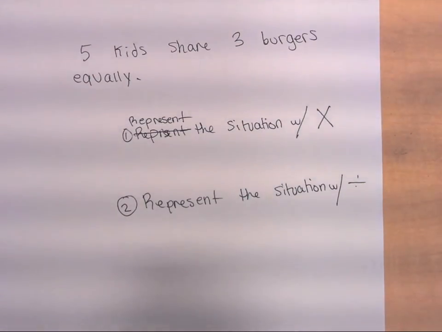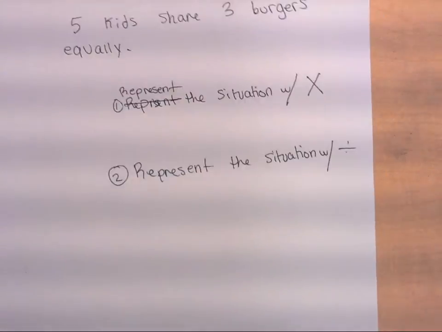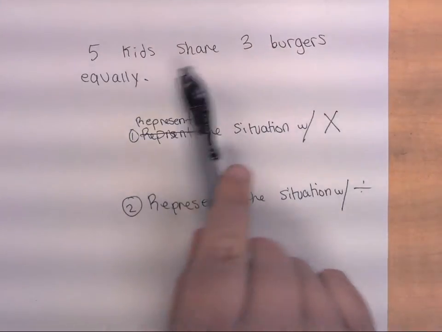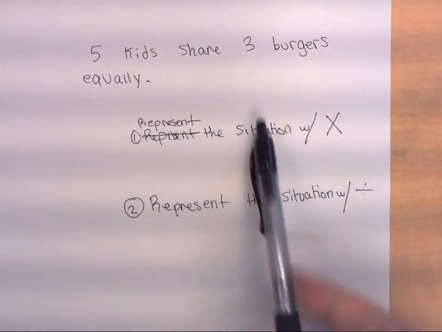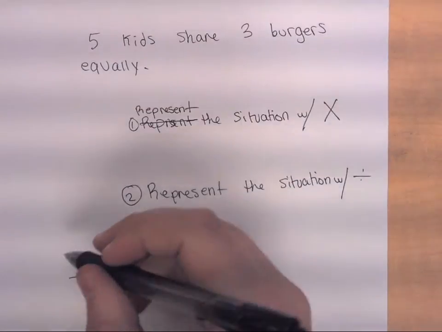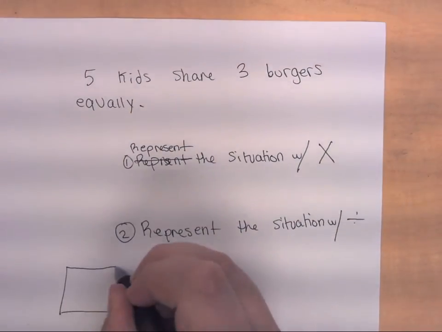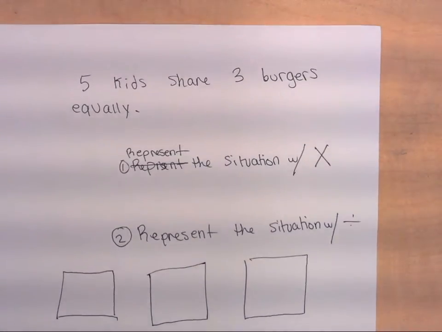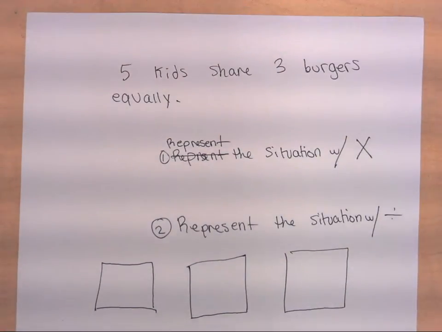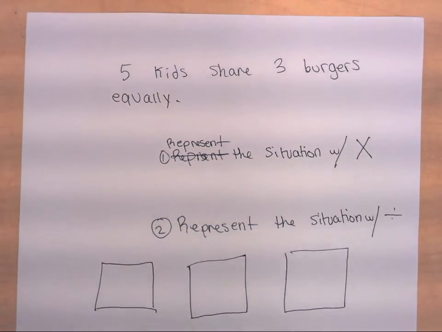So we have 5 kids. They share 3 burgers equally. Now, between these two nouns, we are definitely going to be dividing the burgers. So to represent this situation, I am going to draw 3 burgers. And since they're squared-ish, you can think of these as 3 singles from Wendy's.